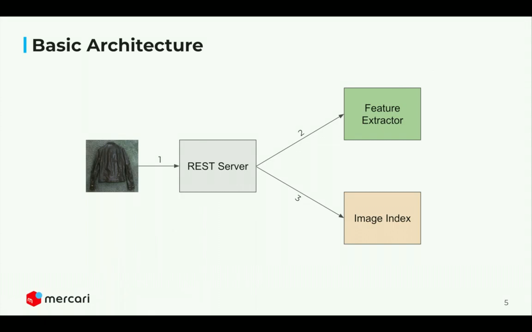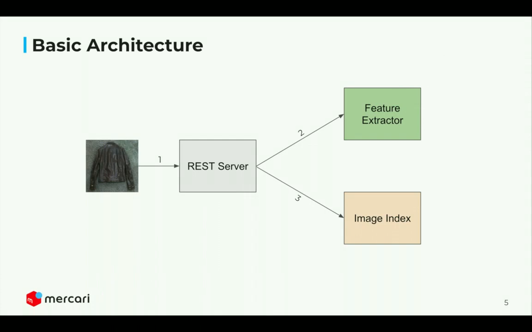This is the simplified high-level architecture for our image search service. The need for the various components shown here will be explained in the next slide. The service receives an input image which is forwarded to a feature extractor. The feature extractor will convert the image to a feature vector, which is then returned to the main server.